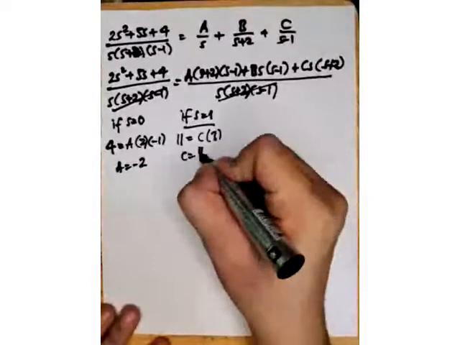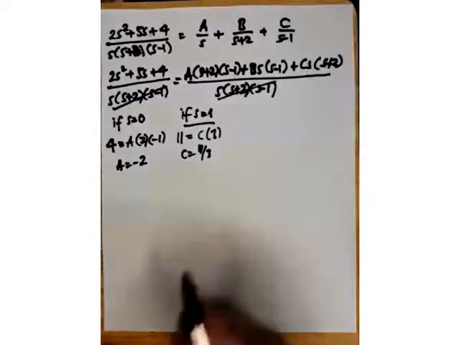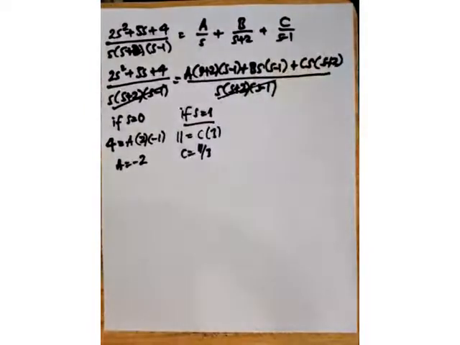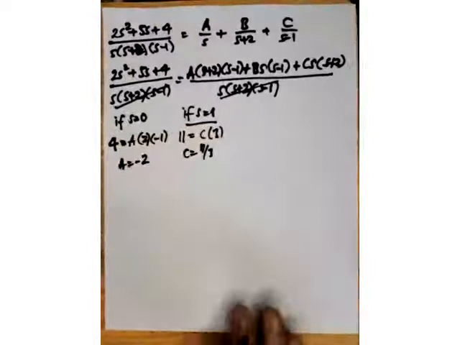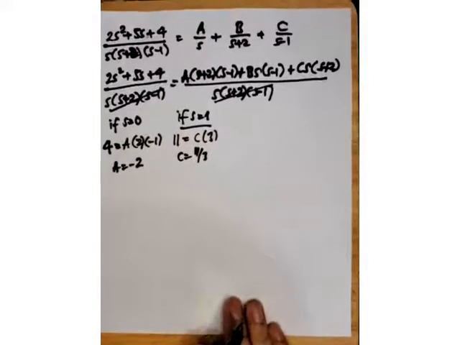So C is 11 over 3. Sorry, nakakalito na ba sulat ko? Ito S. Oo nga, no? Ayan, okay na ba? Magpatuloy na natin.